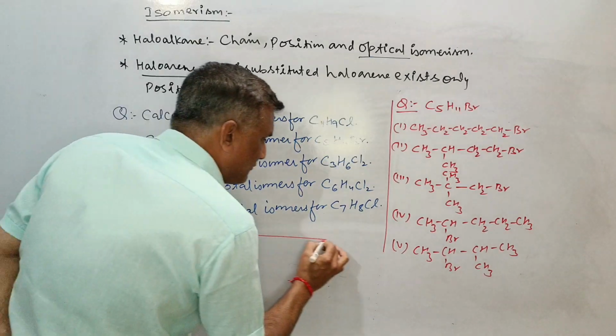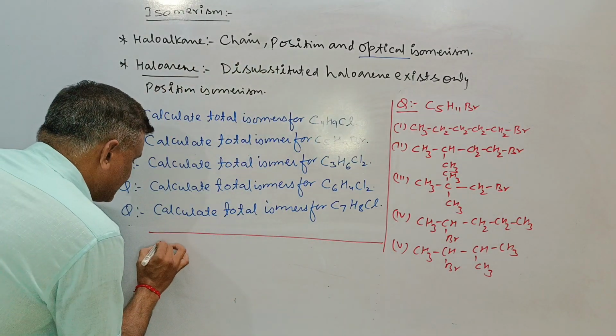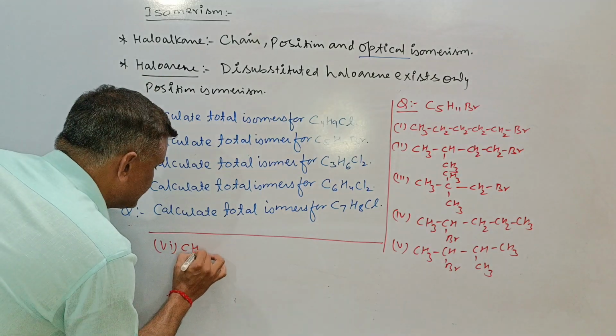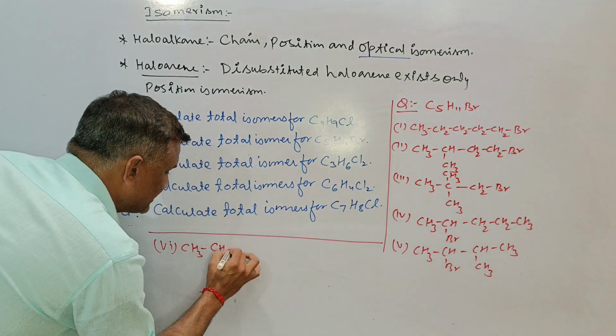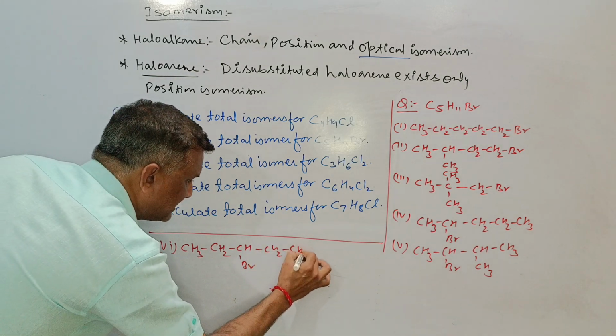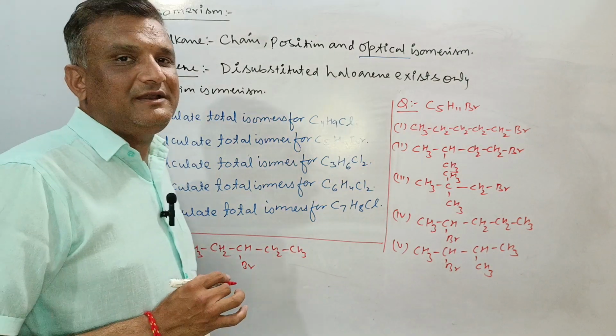We can take further over here the sixth isomer. This may be CH3, CH2, CHBr and CH2, CH3 as a secondary pentyl bromide.